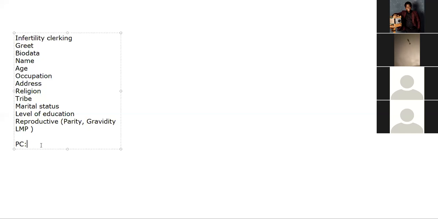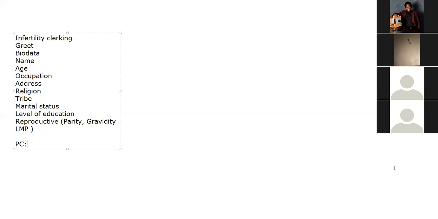So first, even before clerking for infertility, what is actually infertility? Anybody want to give us a definition of infertility? It's very important to know the definition. In Nigeria, they love definitions. What is the definition of infertility?